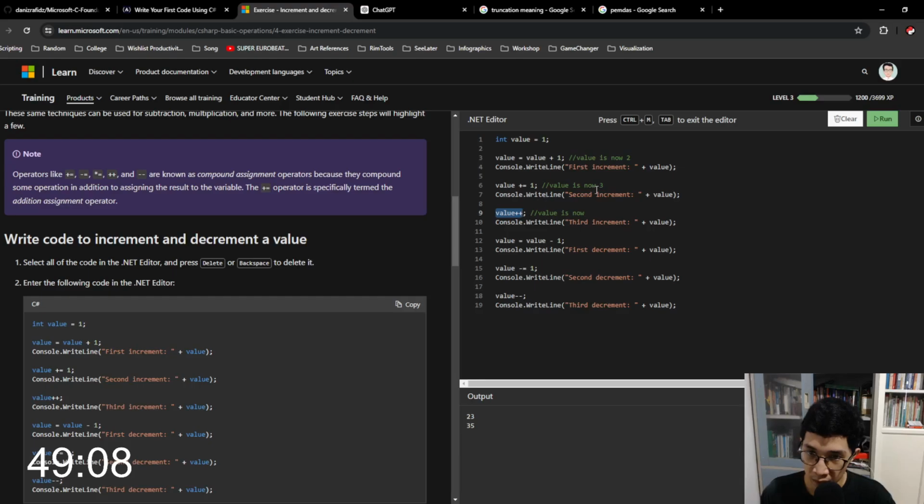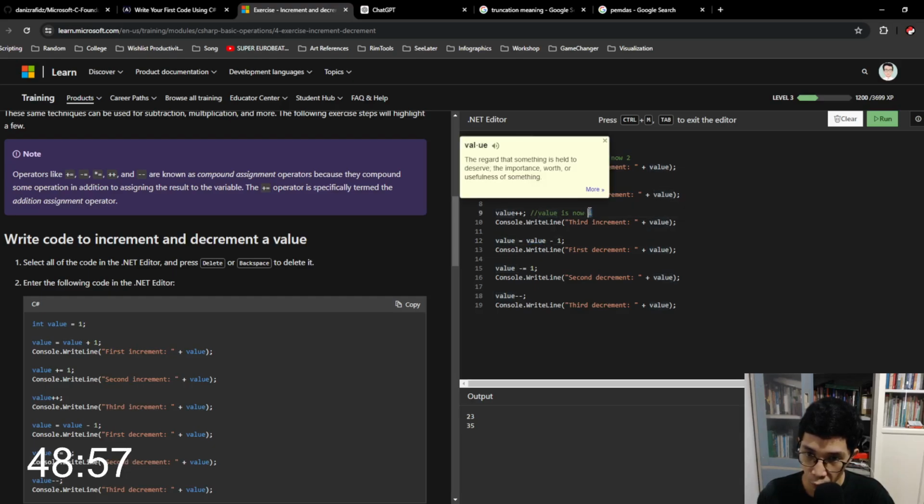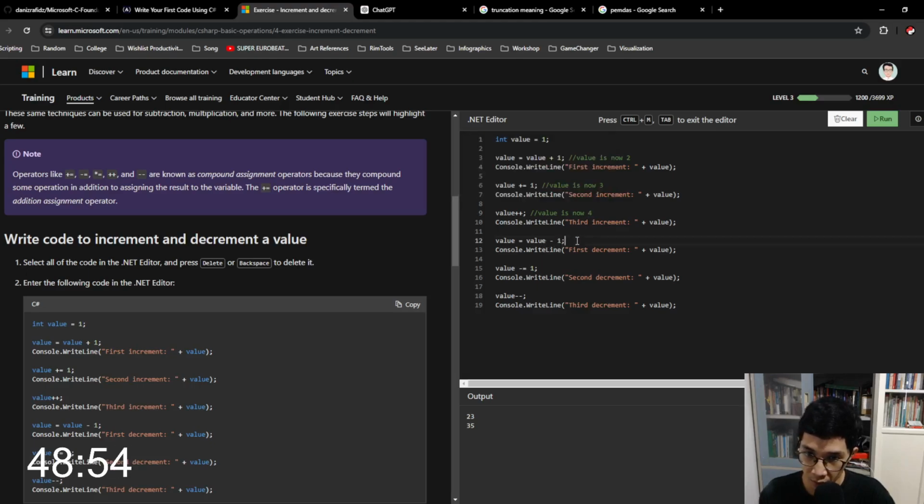Value plus plus means that 3 is incremented by 1, equal to 4, and then this value variable is equal to the previous one, which is 4. 4 minus 1 is 3, and then the previous value is 3, so 3 minus 1 is 2, and the final one, value minus minus, means decrement. 2 decremented by 1 is equal to 1.